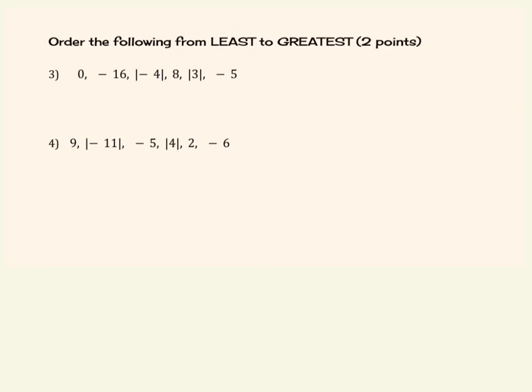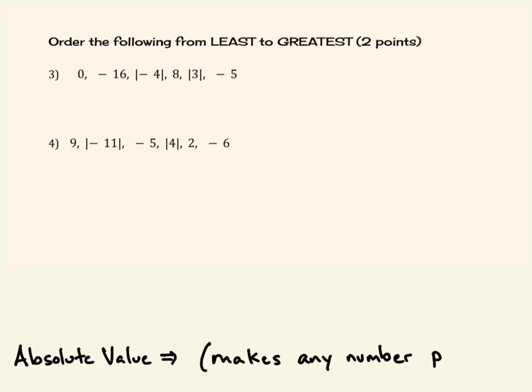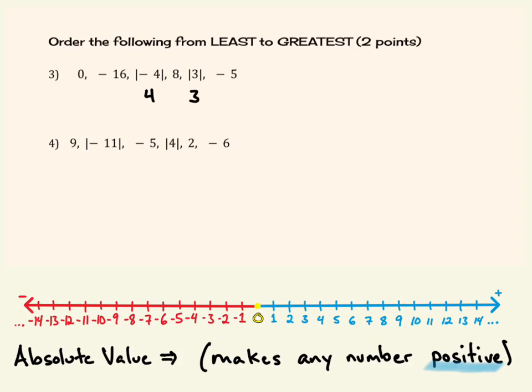Now let's go on to problems 3 and 4. So order the following from least to greatest. Talking about absolute value making any number positive, we look for absolute value signs in our set of numbers. We have the absolute value of -4 becomes 4, and the absolute value of 3 becomes 3. I can put all these values on a number line, starting with 0, -16, which would be further than -14 in the negative direction.